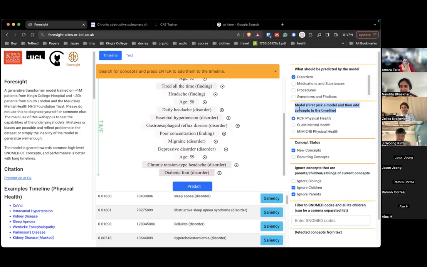Hospitals here at least don't share the data, so you cannot share data between hospitals. It would be awesome if I could take, for example, this KCH hospital, take data from SLAM, take data from all the other places, and then just train on everything at once. But yeah, hopefully in the future. Makes sense. Thank you.